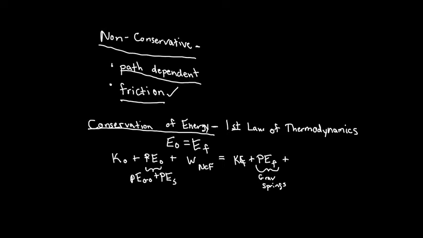plus maybe some other energies final. Maybe we have some other energies initial that we would need to consider, so we can add some other energies initial. Some examples of these other energies: we might have some chemical energy, maybe from a battery. We might have electrical energy.